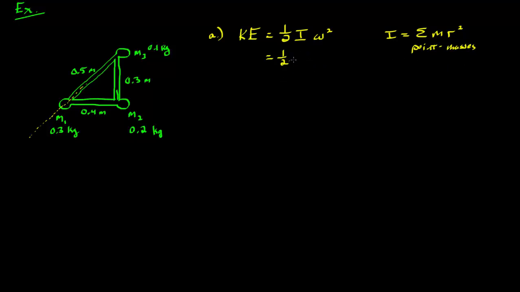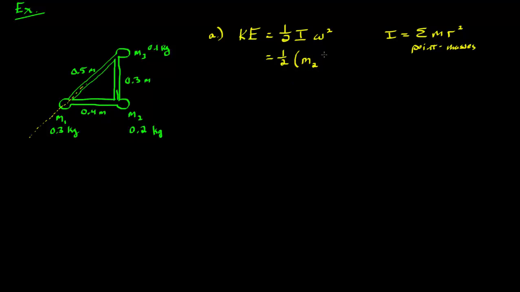So we get the sum of all of the masses times the distance squared. Mass 1 is on the axis of rotation, so this one doesn't contribute because it's going to be stationary. Everything else is rotating around it. So all we care about are these two over here. So it'd be mass 2 times the distance from the axis of rotation, which is this distance right here, the 0.4.